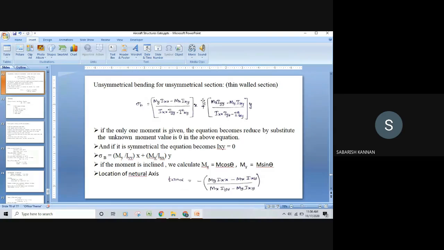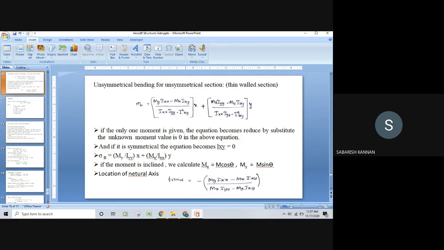In that, My value is 0. The Ixy value is here. How to find Ixx: it is A into y minus y bar whole square, and Ixx is bd cube divided by 12 plus A into y minus y bar whole square.